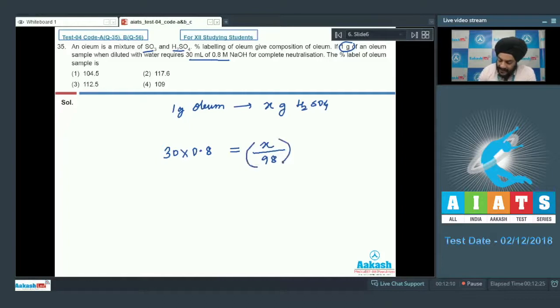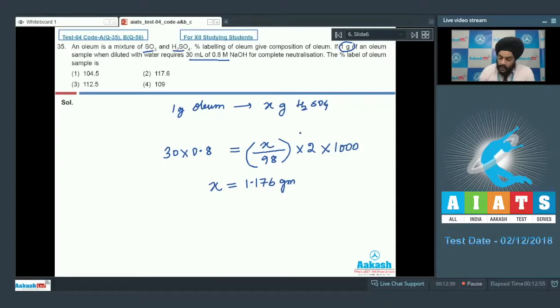So this represents the moles of H2SO4 and we have to multiply it by the N factor. The N factor is equal to 2 and we are dealing in terms of moles here. We have to convert this number into millimoles, so we'll have to multiply this by 1000 as well. Now if we solve this expression for the value of X, we have X is equal to 1.176 grams.